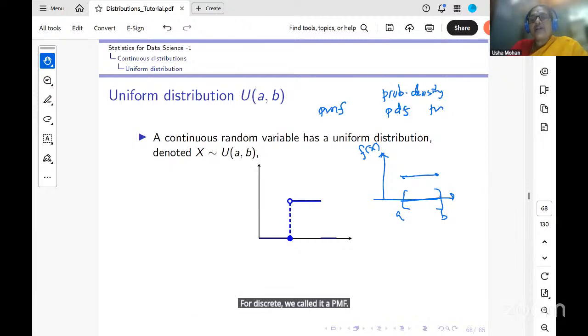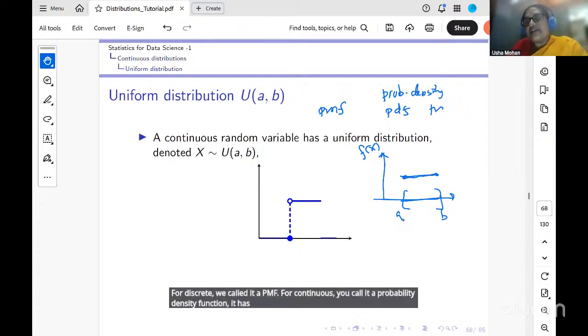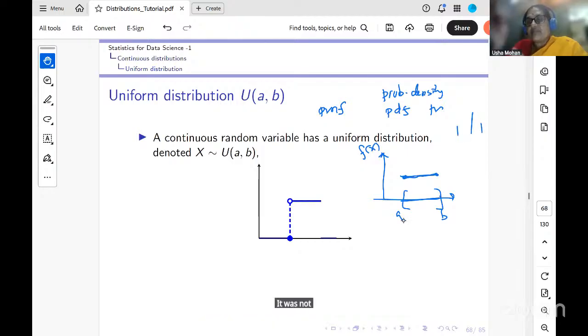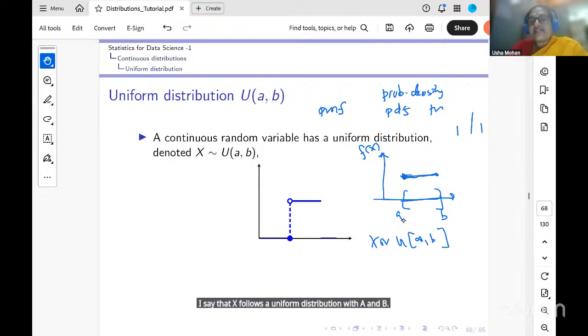For continuous, you call it a probability density function. It is a continuous curve, not a discrete bar. I say that x follows a uniform distribution with a and b if this is a constant. Let's know what the value of the constant is.